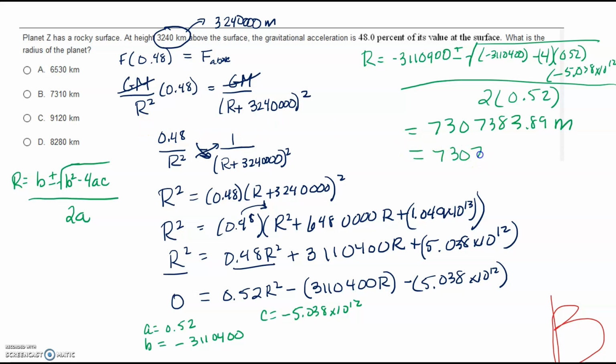So I divide this by 1,000, and I get this, which is this one.